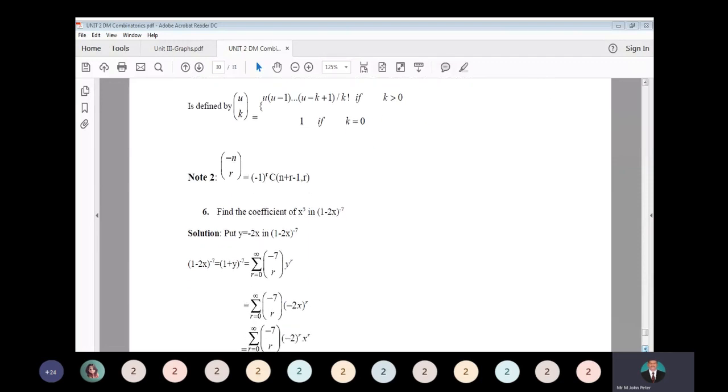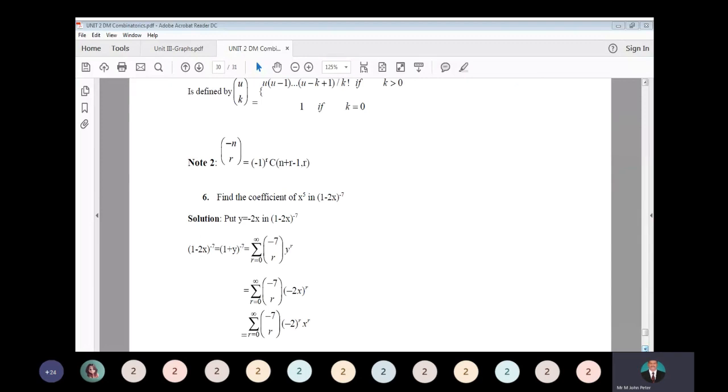So put y equal to minus 2x, so you will get (1 minus 2x) power minus 7. The above binomial series, when you use it, that is (1 minus 2x) power minus 7, that's equal to (1 plus y) power minus 7, that is minus 7 C r, the summation r equal to 0 to infinity y power r.